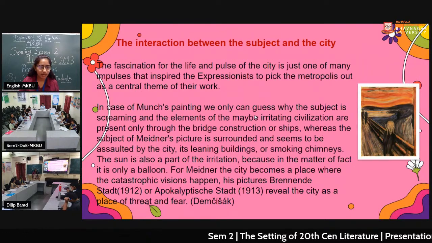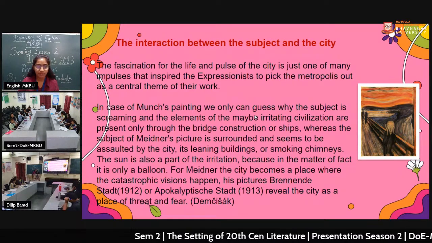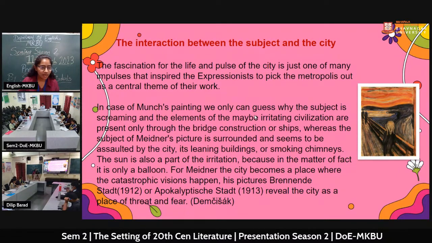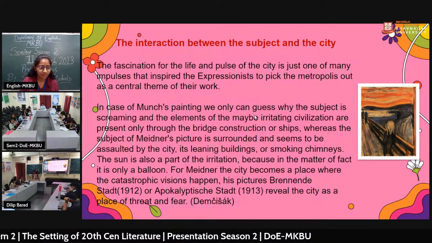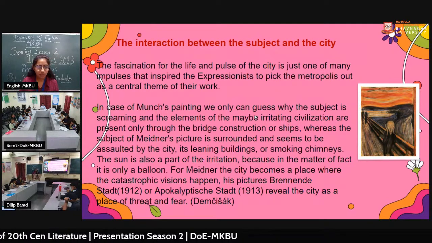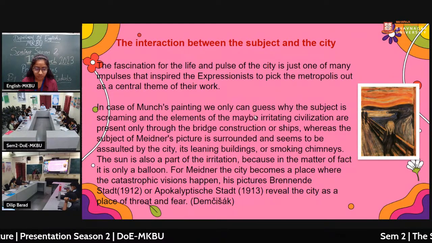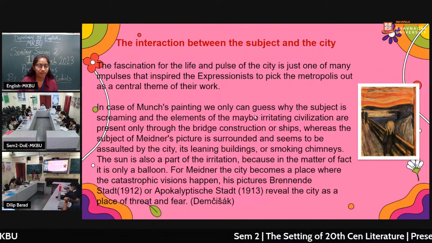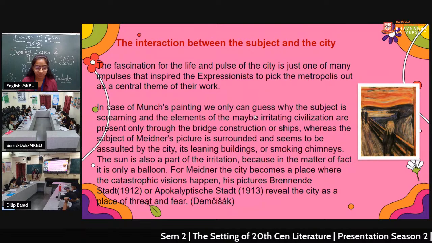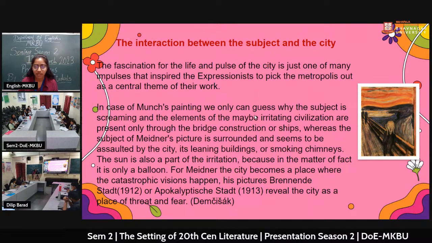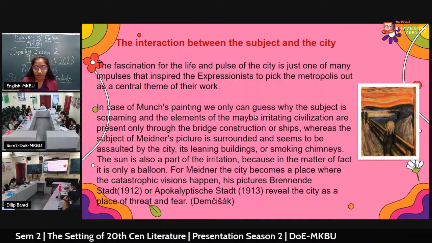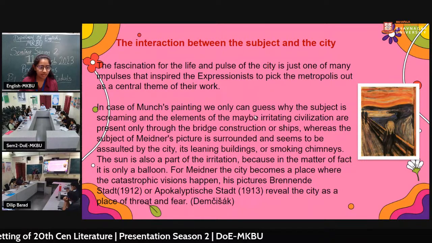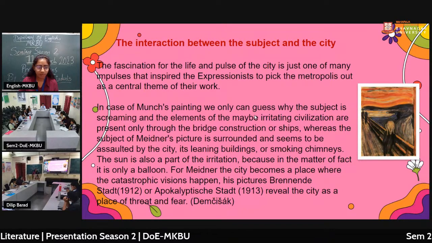And then the interaction between the subject and city. The fascination for the life and pulse of the city is just one of many impulses that inspire the expressionists to pick the metropolis out as a central theme of their work.